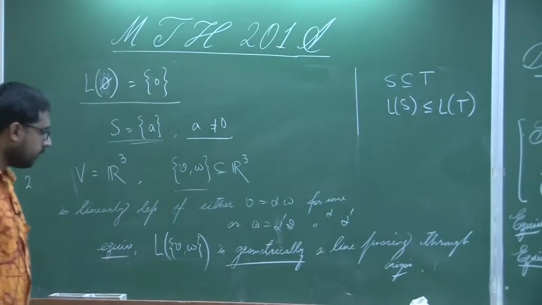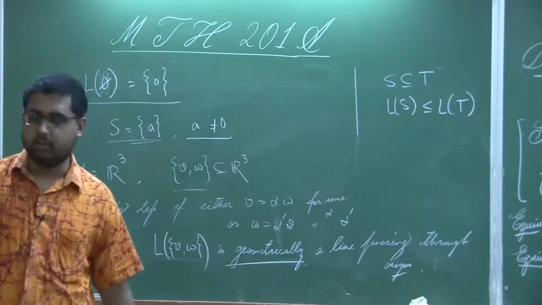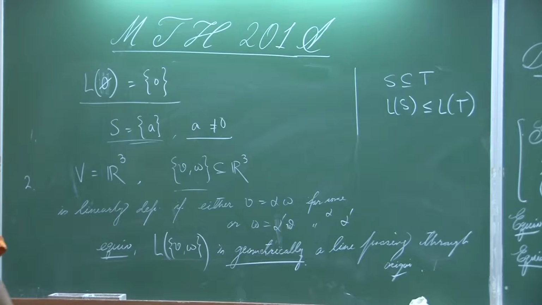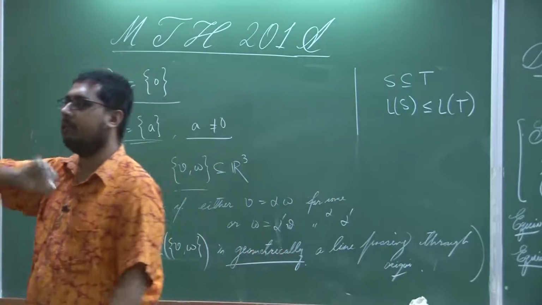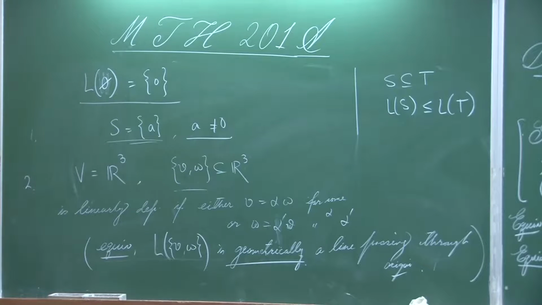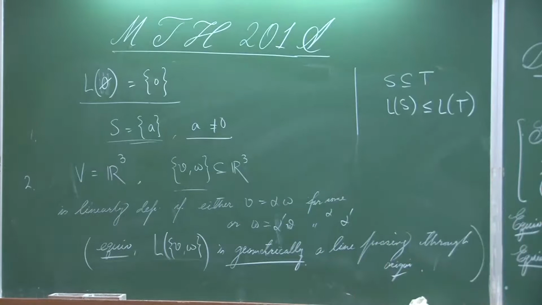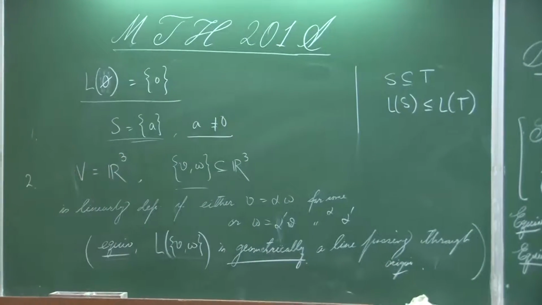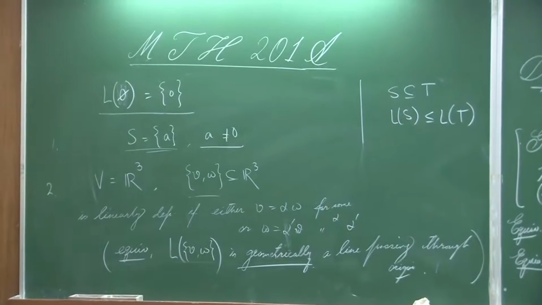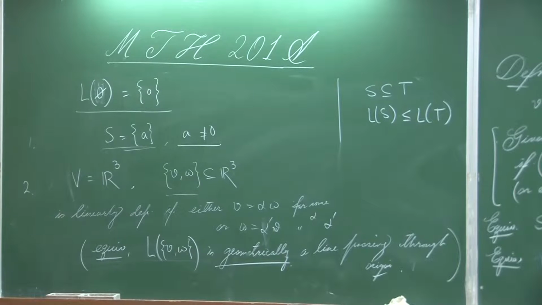Let me repeat, I constantly say this is geometrically, because by drawing the picture, what we see cannot be regarded as a rigorous proof. The rigorous proof is to be done by considering equations, but it does not seem to be so trivial from what we have discussed right now.